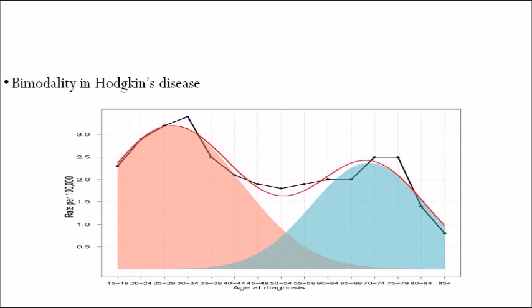At an age of 29 to 30 years, there is an increased peak, followed by a decline, and then again an increased peak beyond 75 years. That is what bimodality means. I hope it is clear.